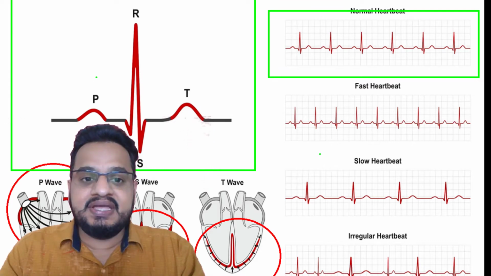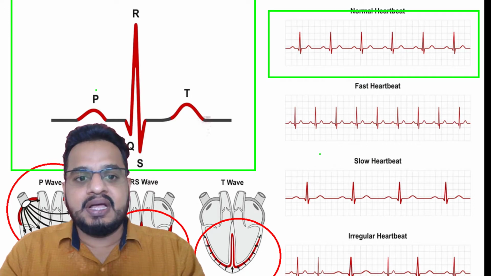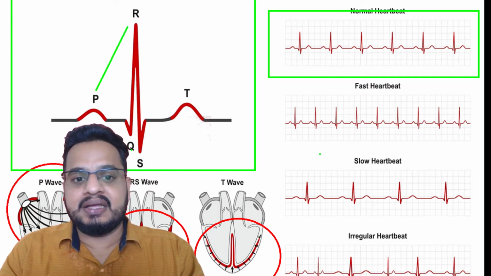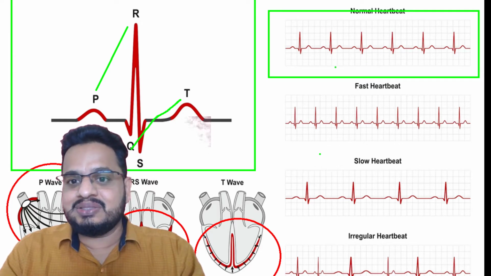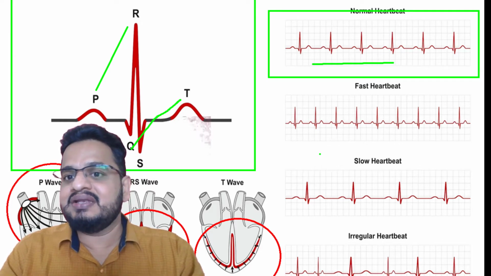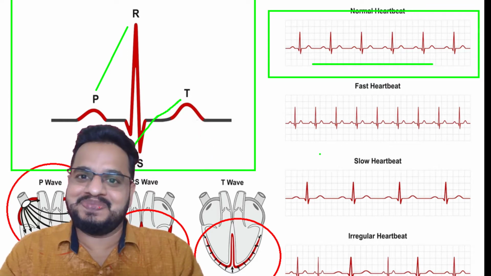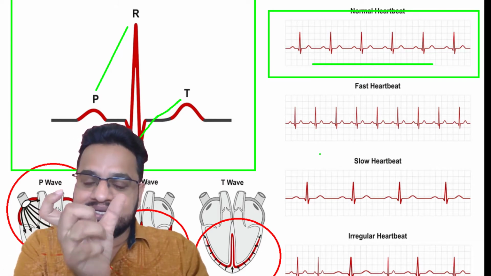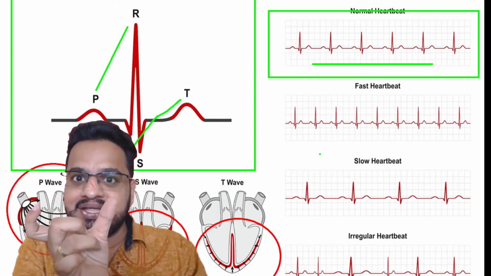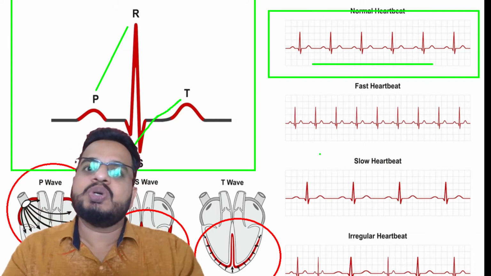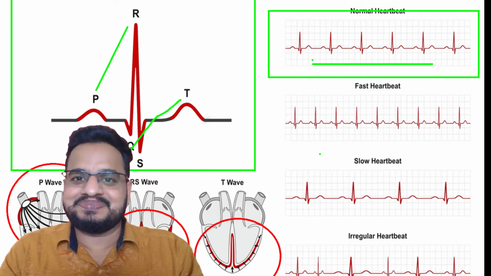See the gap between the P and R. What I'm talking about is the gap between P and R, Q and T. In all these normal heartbeats, they are perfect, same in the rhythm. The period between the P and R, the distance between the Q and T, these distances are also an important thing. In the normal heartbeat, you check everything is perfect.